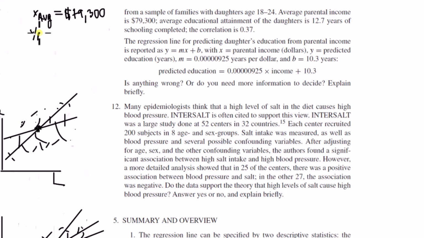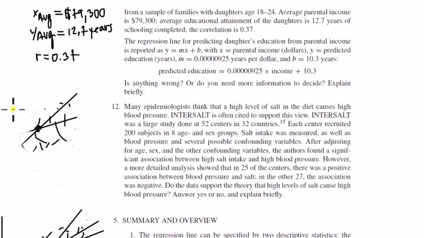The y average is the average educational attainment, so 12.7 years. Okay, do they give us anything about standard deviation? No. So we've got r is 0.37.